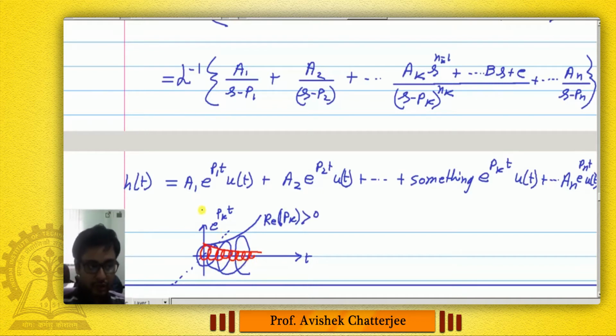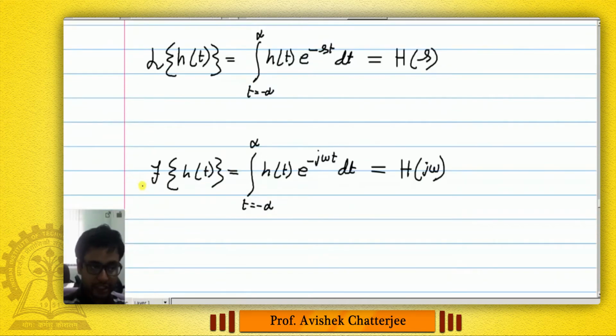Therefore such an impulse response will be square integrable, and for that the Fourier transform can exist. And then it is true that if you replace s in the Laplace transform with j omega, you will get the Fourier transform.